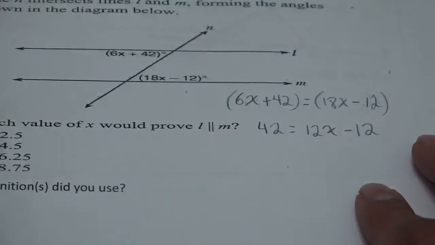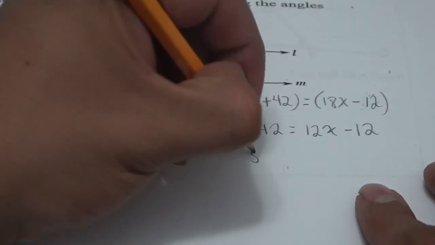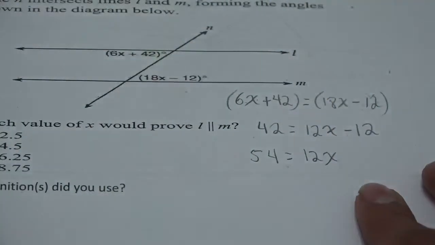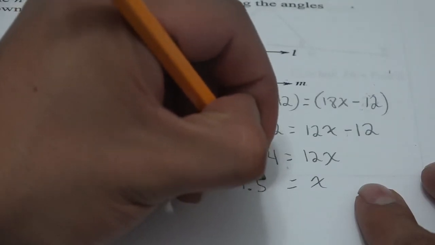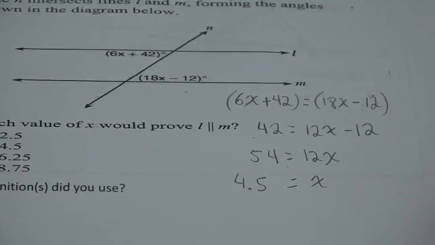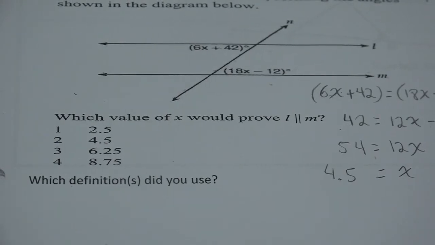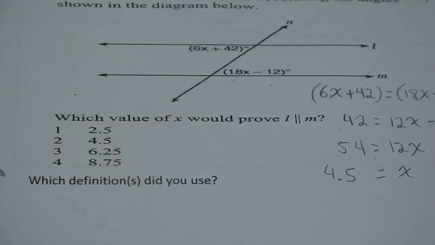Okay, and now I'm going to add 12 to both sides. Okay, and now all I have to do is divide by 12. So x equals 4.5. And I found my answer. Okay, what definitions did I use? Definition of alternate interior angles.